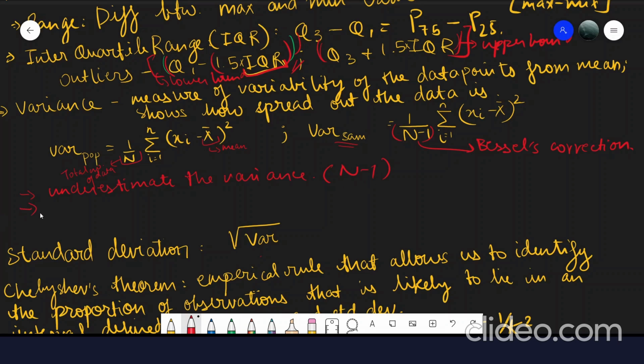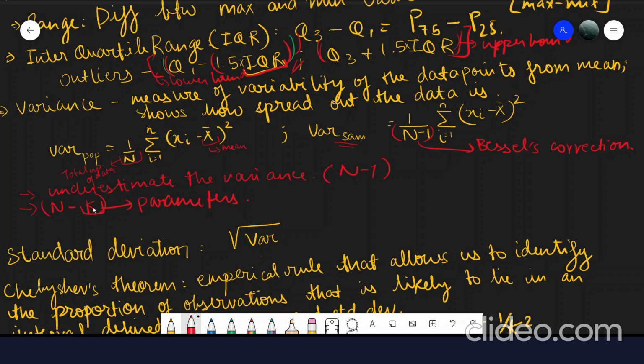The second argument comes from the idea of degrees of freedom, where the degrees of freedom is given by n minus k, where n is the total number of points in the data set and k is the total number of parameters that you're trying to estimate.